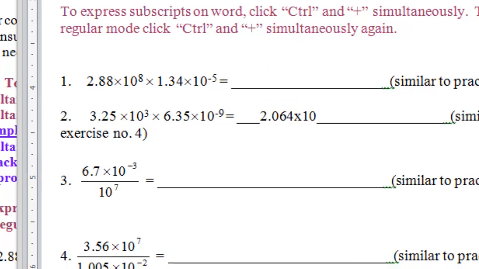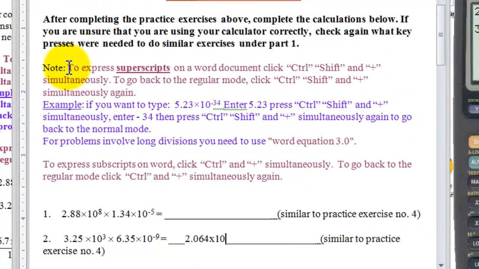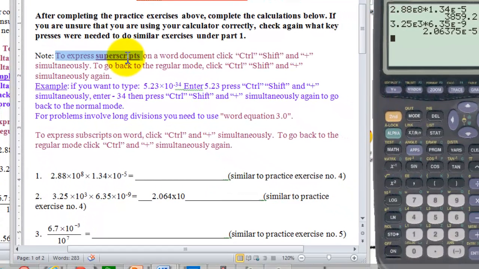To input power, I have instruction here on how to express superscripts. On the Word document, you'll just click Ctrl Shift and positive at the same time. So basically you'll go beside the 10 here, hold down the control shift and the positive, and this will bring the cursor to the power mode, and then you'll input -5.